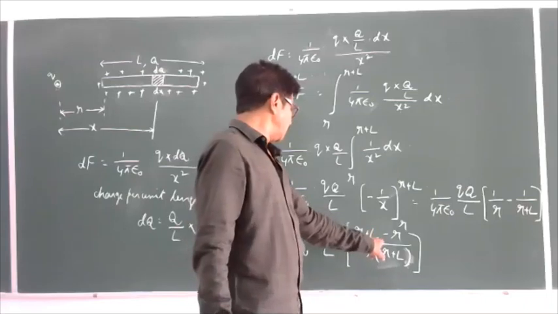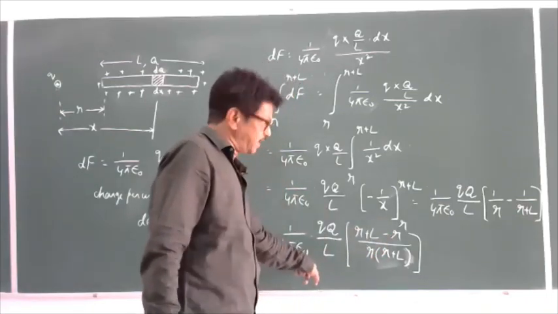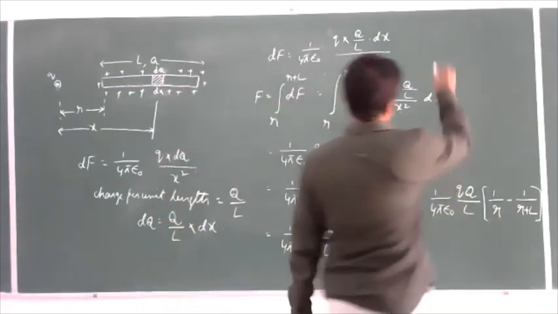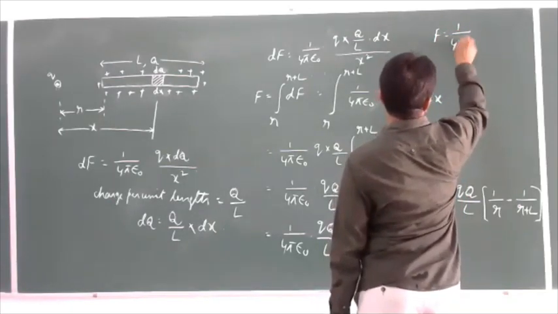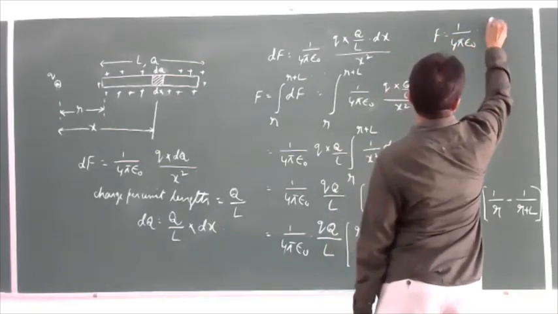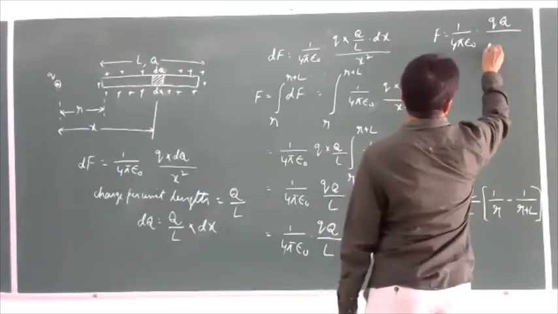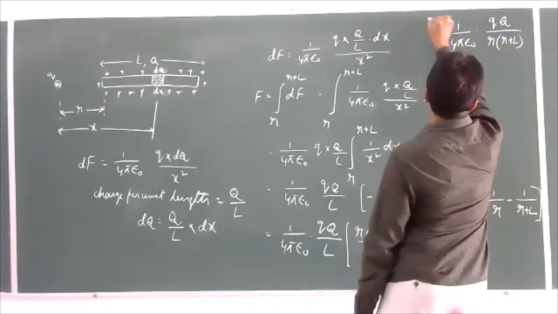In the numerator we have L, and that L and L also cancel. Finally, the equation for the force is 1 by 4 pi epsilon naught small q into capital Q by R into R plus L.